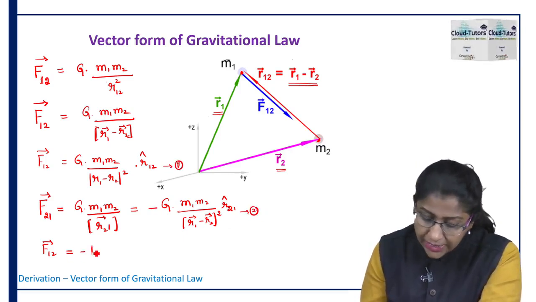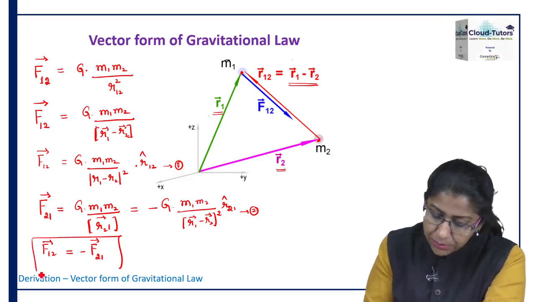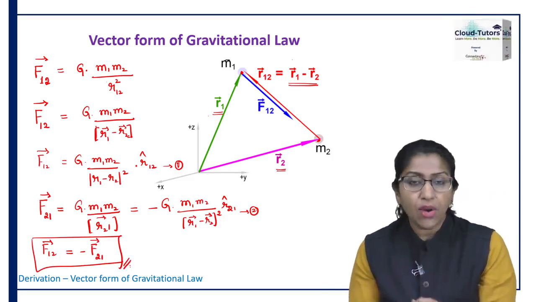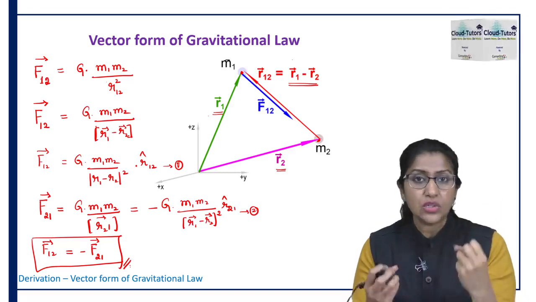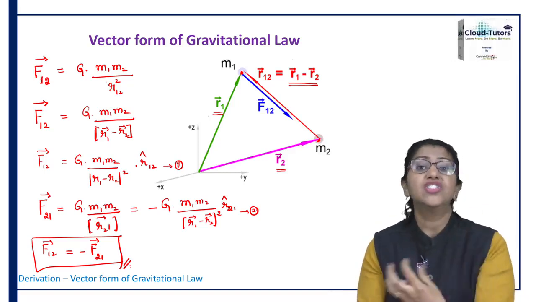Correct? So I can write this as F21, and hence what did we prove? We proved that the magnitude of the gravitational force of attraction due to these two masses is exactly the same on each other.